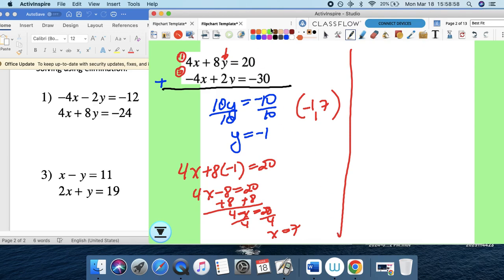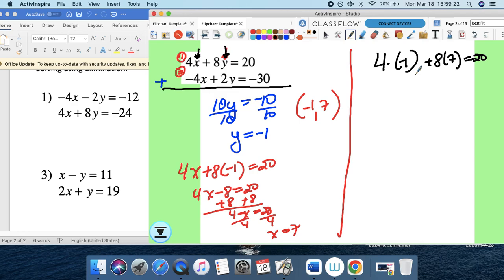You've got to do a check. So let's go to both equations. The first one, equation 1, we have 4 times negative 1, because I'm replacing this x value with negative 1 and I'm replacing this y value with 7. So 4 times negative 1 plus 8 times 7 equals 20. Uh-oh, doesn't look correct.